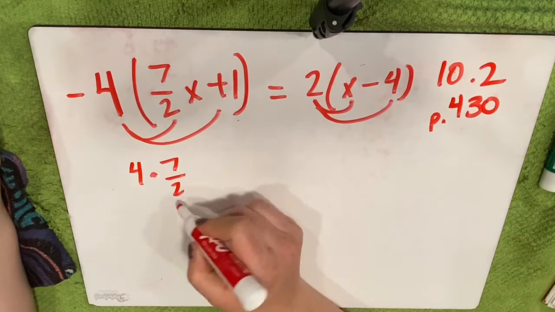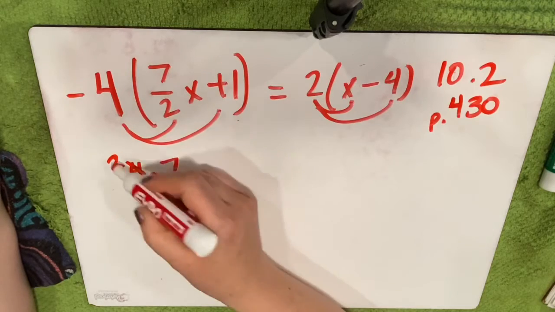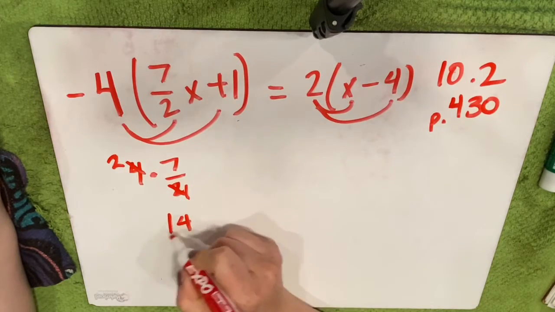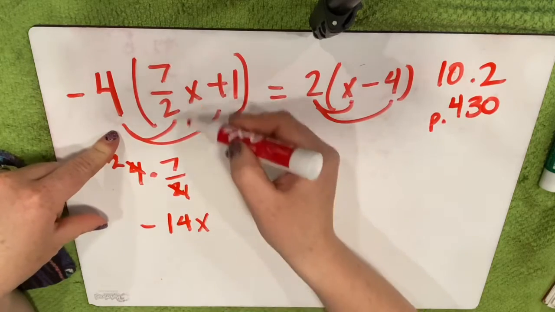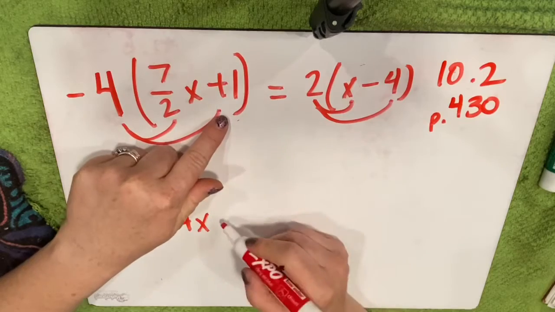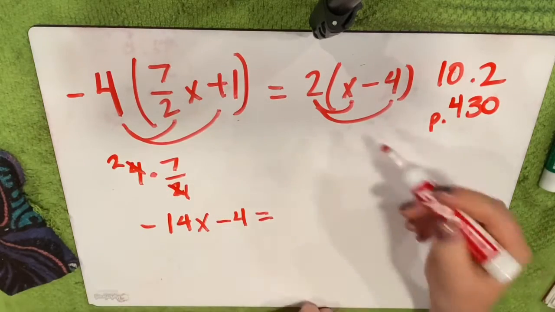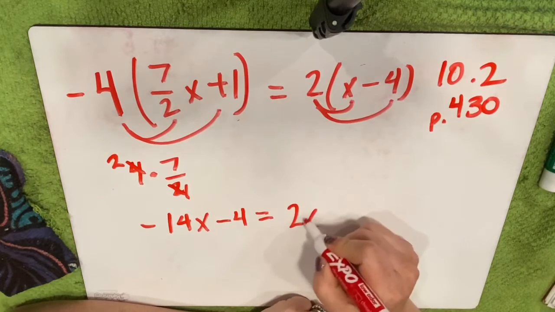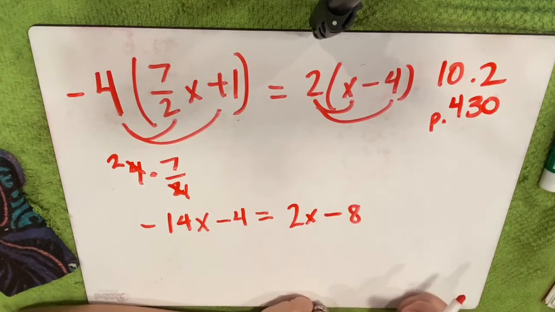Do you see we can simplify here to 2 and 1. So that's really 14x, right? Because I'm bringing that down. And then 4 times 1 is 4, and that equals 2 times x is 2x, and 2 times -4 is -8.